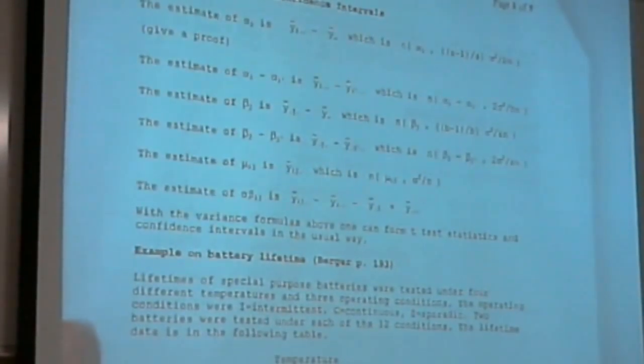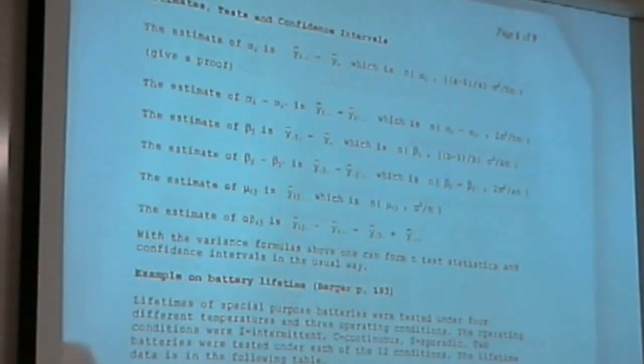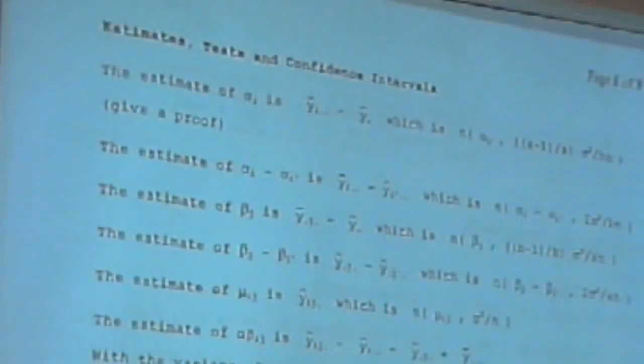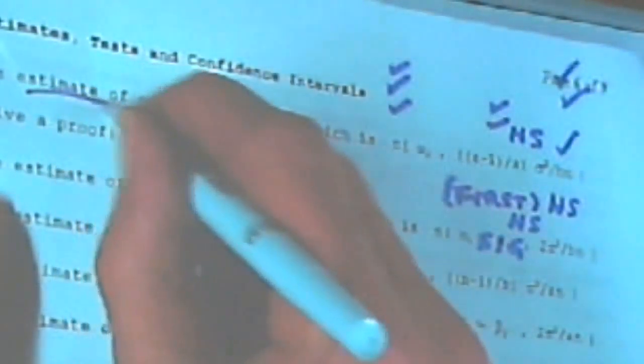Some results on top of page 6. Suppose we want an estimate of alpha I. So look at the results on the bottom of the previous page.